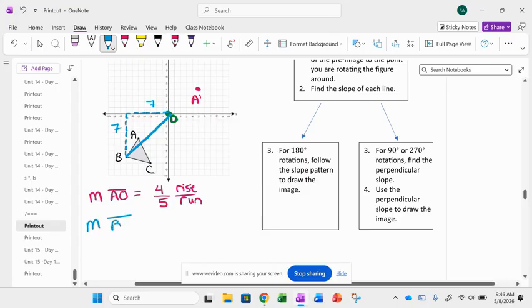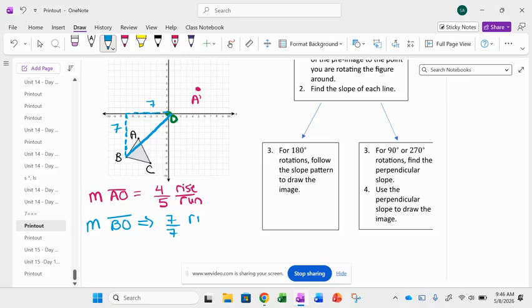So the slope of BO, do we agree, is 7/7? Do not simplify this fraction. Do not simplify the 7/7 down to 1/1 because that's going to really mess us up. We want to create exactly the same number of counting boxes.